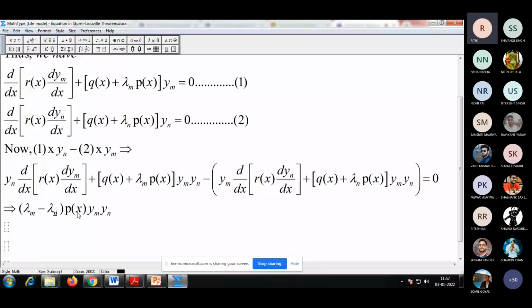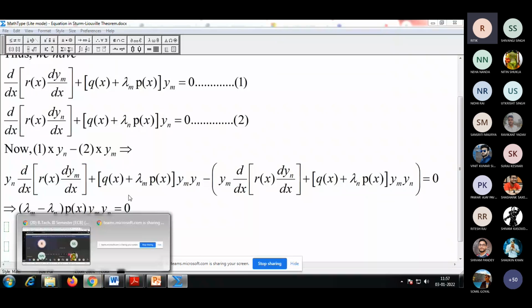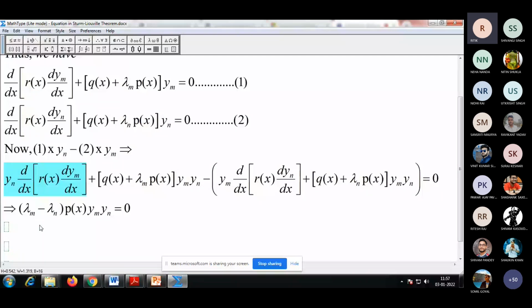From these two terms, please check, can we write or not?